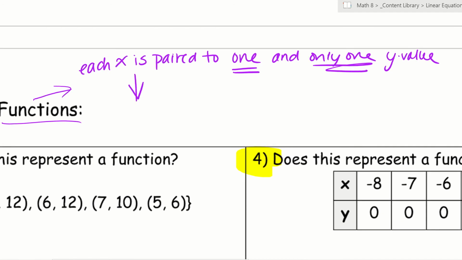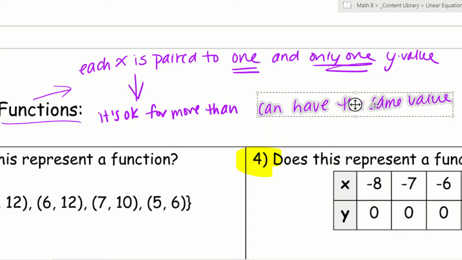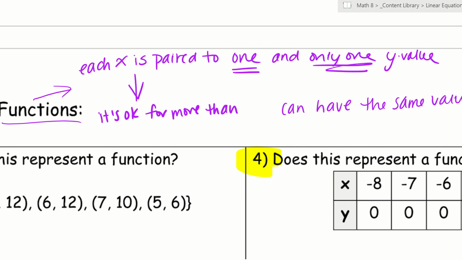However, it's okay for more than one x to have the same y value.